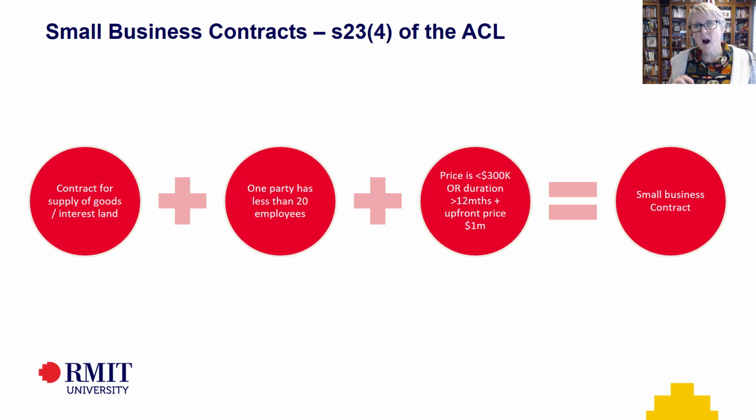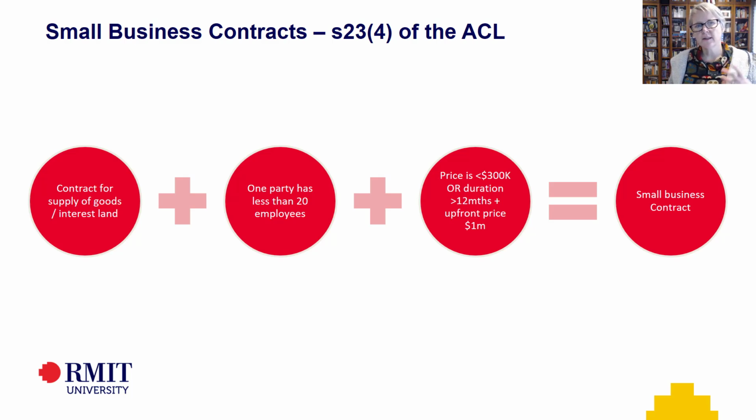And C, either of the following applies. We need either an upfront price of less than $300,000, or if the contract has more than 12 months duration, an upfront price of less than $1 million. So we've got two categories for working out whether it applies.